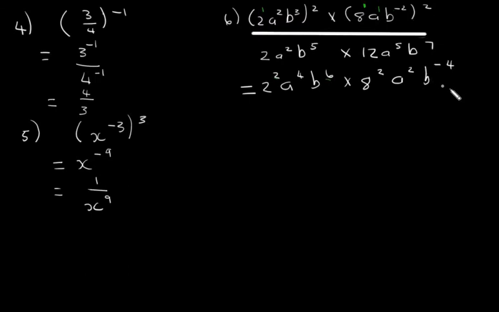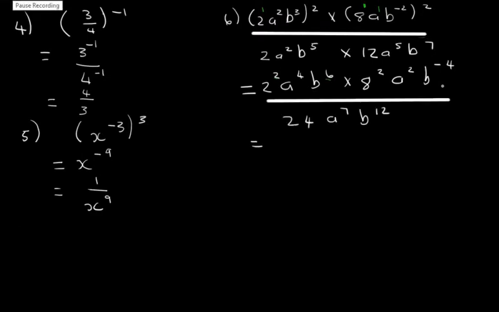What have we done? We've simplified the numerator. Now we need to simplify the denominator. The denominator has no brackets, which we need to simplify. So we can go ahead and say that 2 times 12 is 24. A to the power 2 times a to the power 5 is a to the power 7.